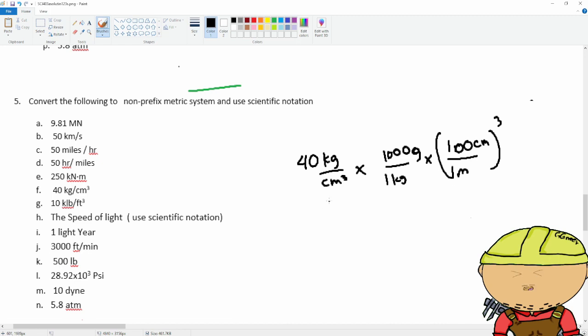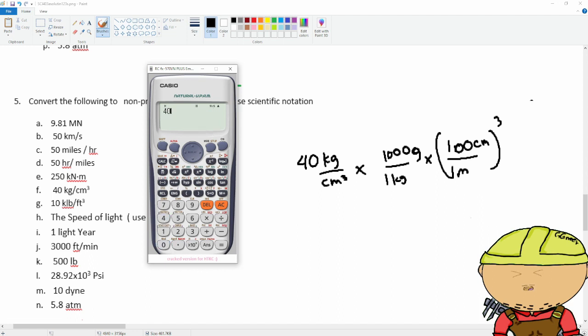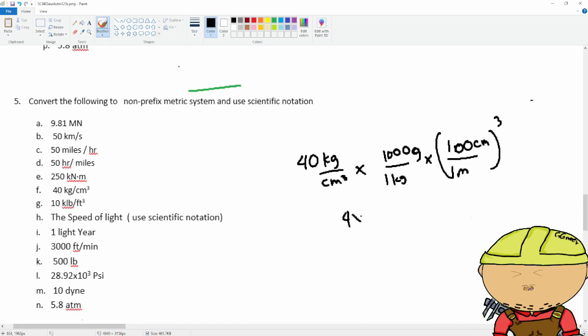I think that's correct. 100 centimeter at the top. That's kilogram per centimeter cube, right? So 40 times 1,000 times 100 times 100 times 100. 4 times 10 to the 10th gram per meter cube. Okay, so that's for letter F.